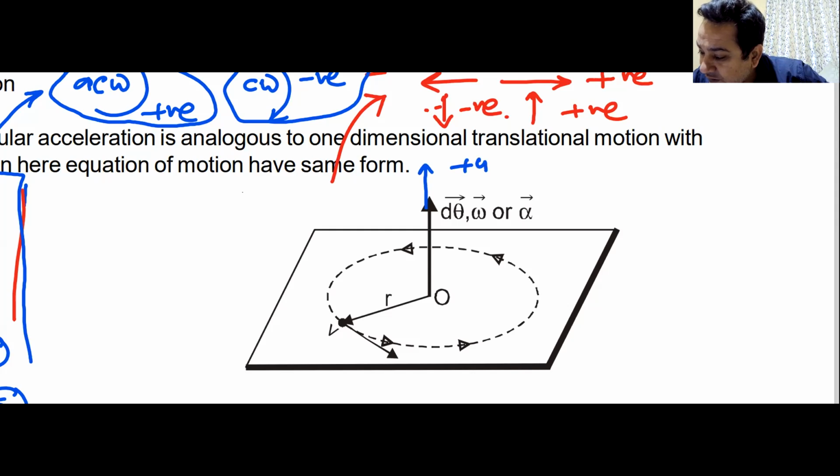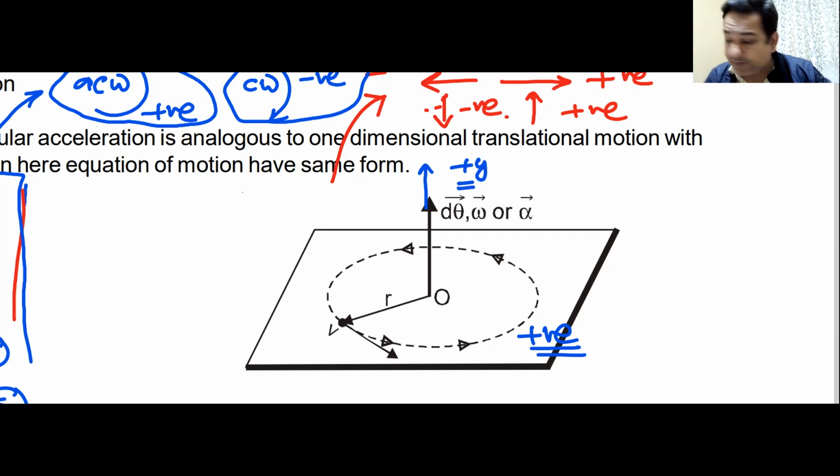If something is moving along positive y-axis, this direction will be taken as positive. Are you getting my point? If it is rotating like this, the direction is positive. If omega is like this, omega is positive. If alpha is like this, it is positive. Do we understand this?